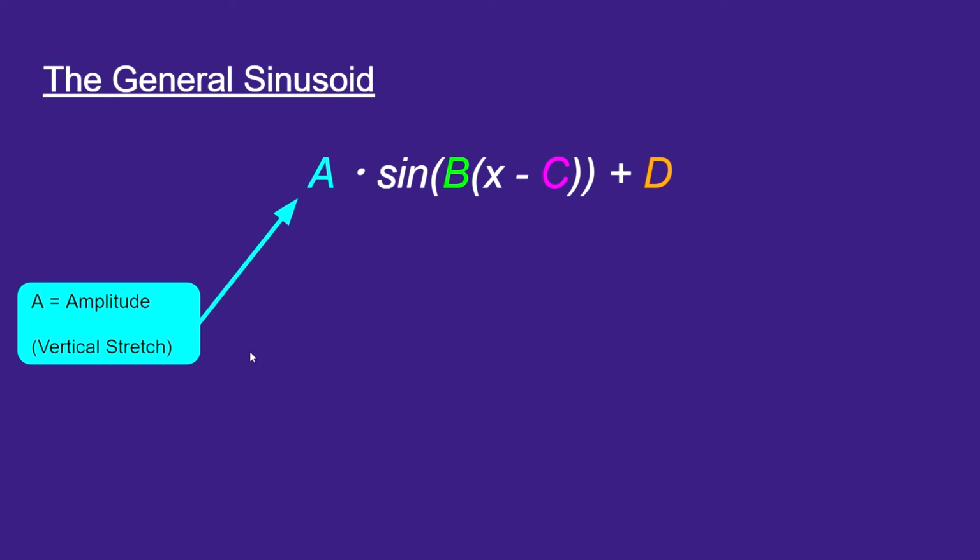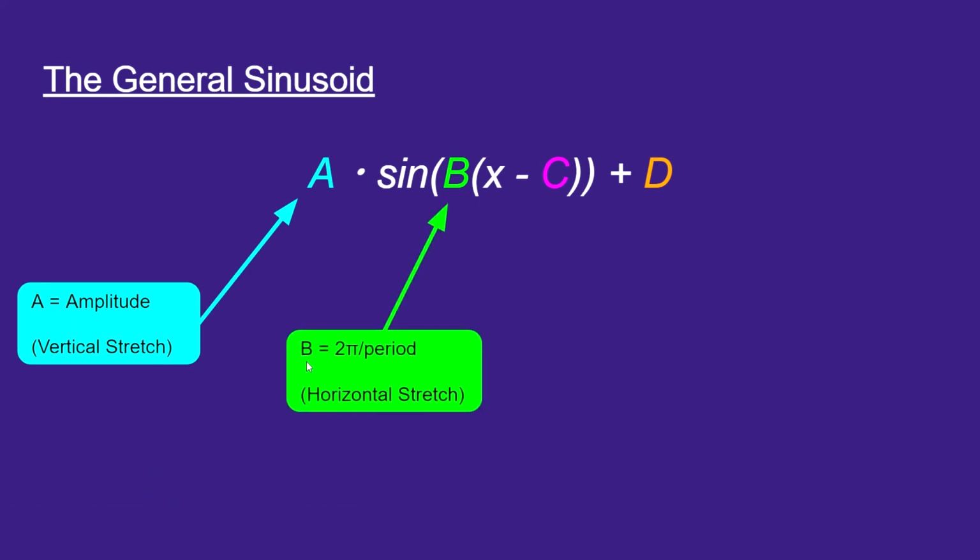What does b represent? B is actually this weird relationship. B is going to be equal to 2 pi divided by the period of our function. So if my function has a period of 2 pi, then what would b be? If my function has a period of 2 pi, then b would be 1, right?